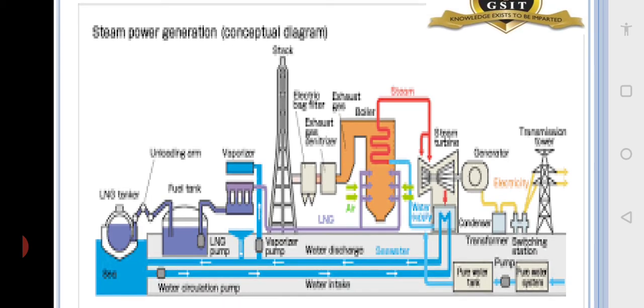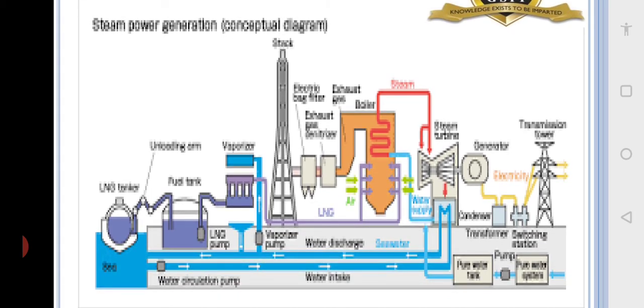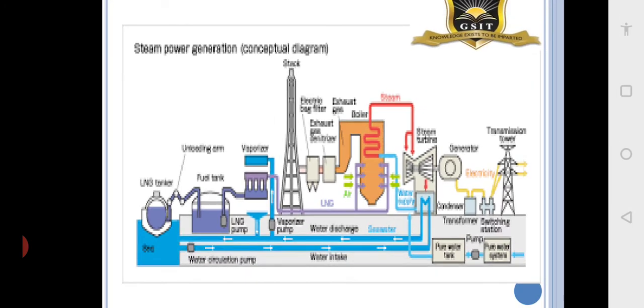You can see that this diagram was a general diagram. You can see still more detailed diagrams here with various components in different colors. Like you have got, see the turbine, the boiler is also not simple. That red color, orange color thing where that red color pipe is going, that is steam.